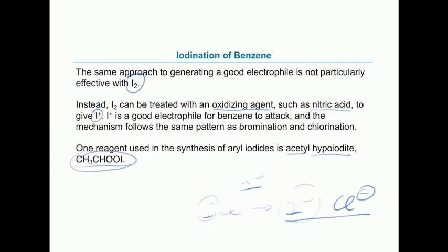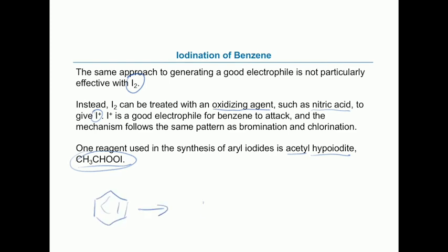So what this looks like is if I have benzene and I'm aiming to make the iodinated benzene, you would typically use a reagent like, for example, ICl or CH3COOI, where both of these are sources of I+ that we would use to carry out the electrophilic iodine insertion into benzene.